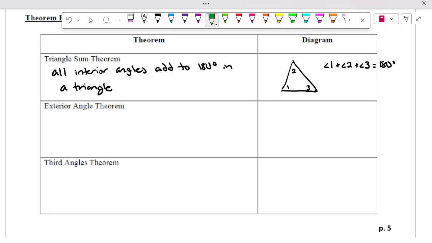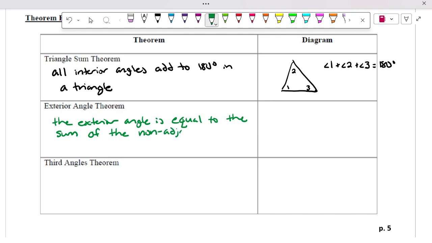The exterior angle theorem states that the exterior angle is equal to the sum of the non-adjacent interior angles of the exterior angle.